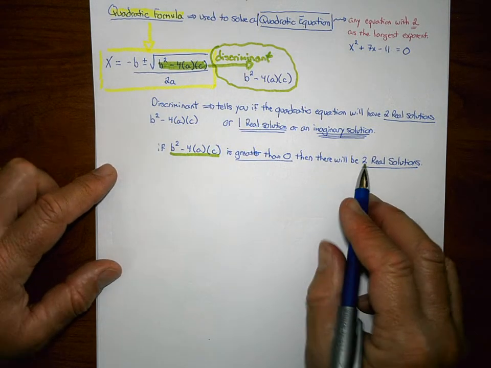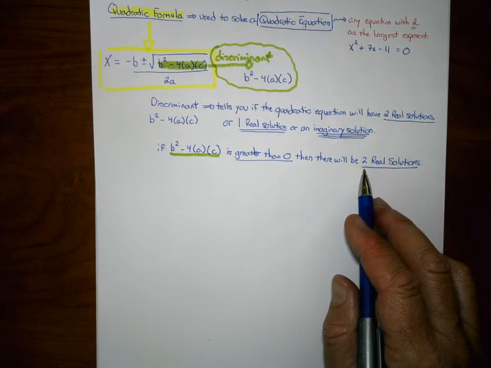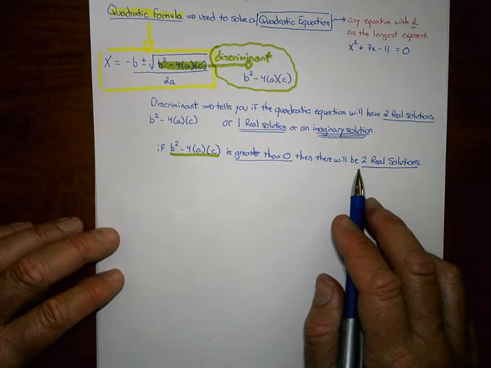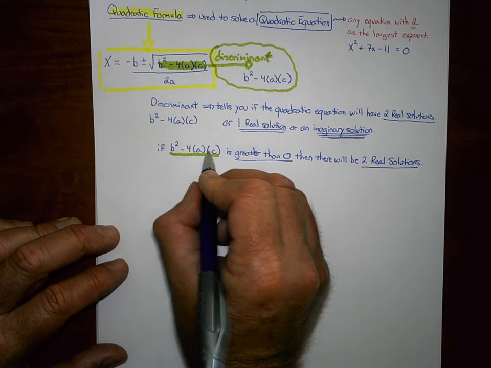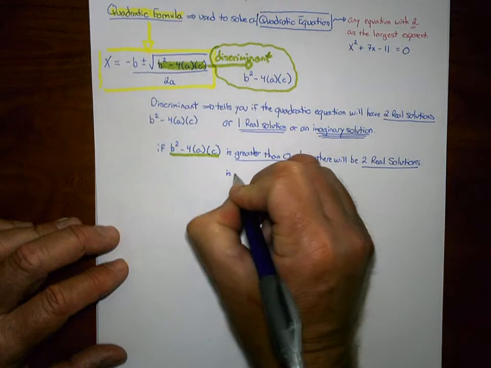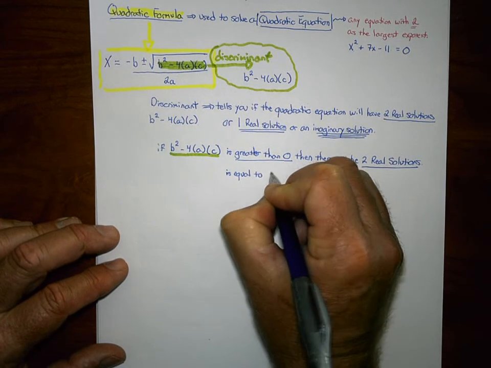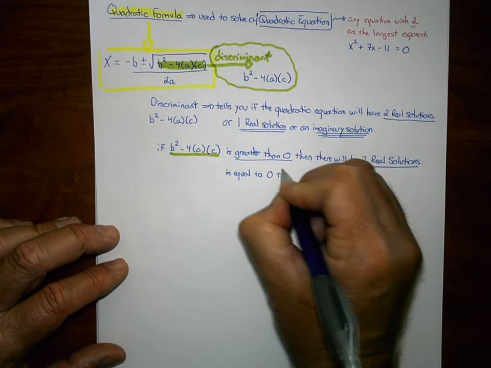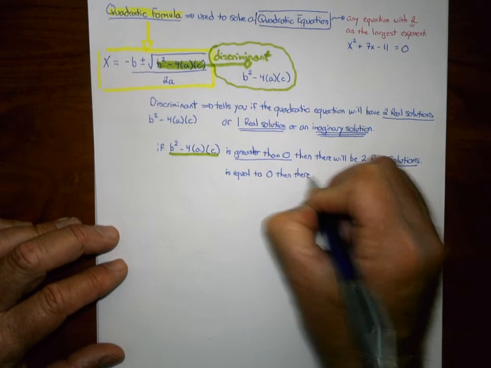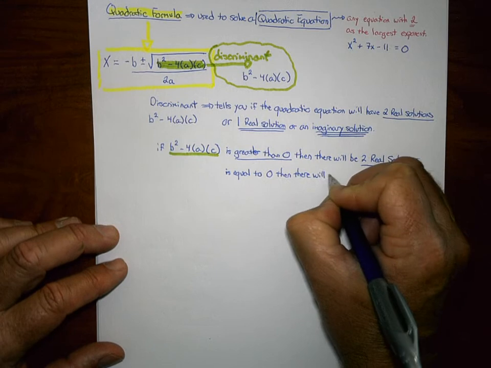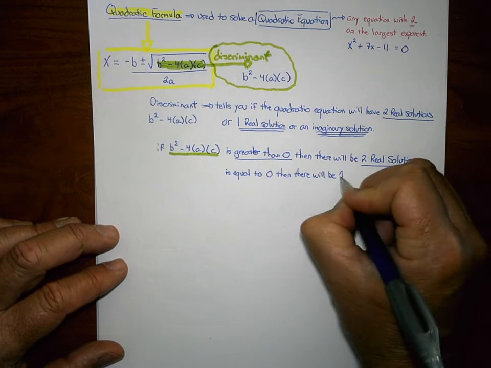What does that mean? That means that the equation will have two answers, and the two answers will be real numbers. Okay? So if b squared minus 4ac is equal to 0, then there will be one real solution.